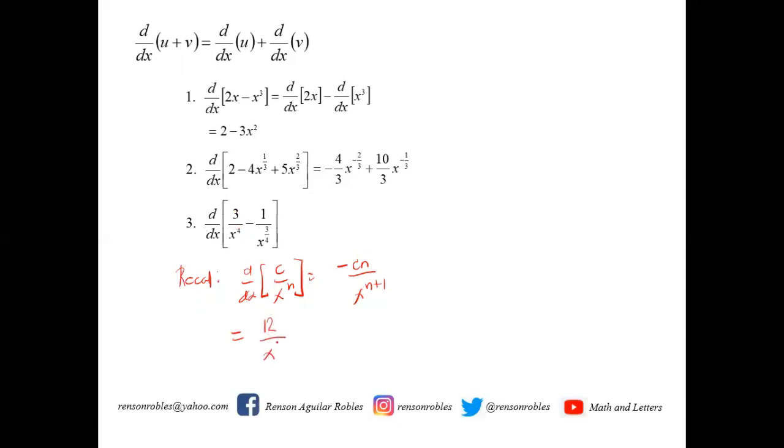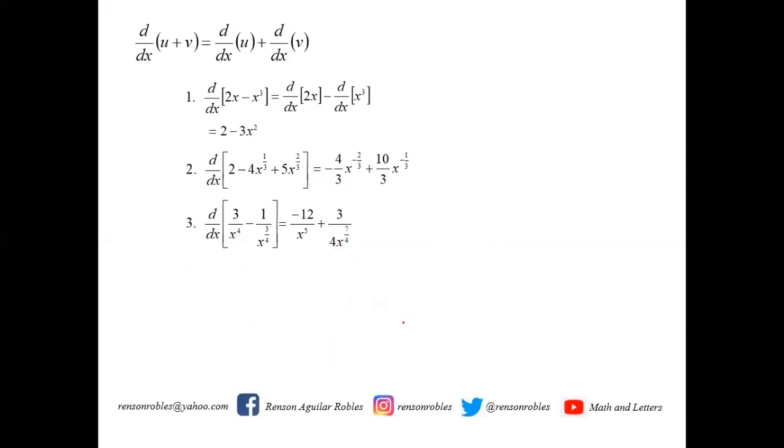And then you add 1 to 4, so that will become 5. And then you multiply it by negative 1. Minus, 3/4 times 1, so that's 3/4, then x. 3/4 plus 1 is 7/4. And then you multiply it by negative 1. And you will have negative 12 all over x to the 5 plus 3 all over 4 x raised to 7/4.